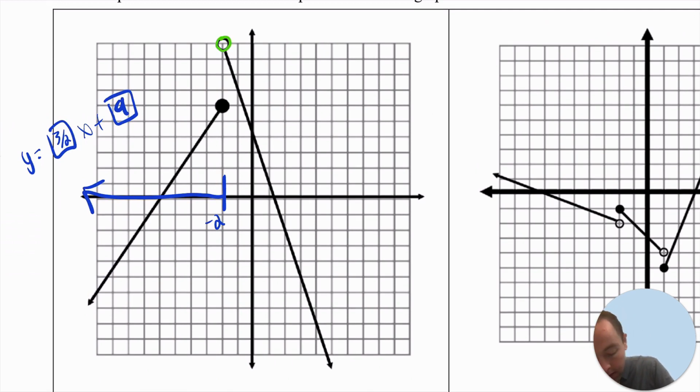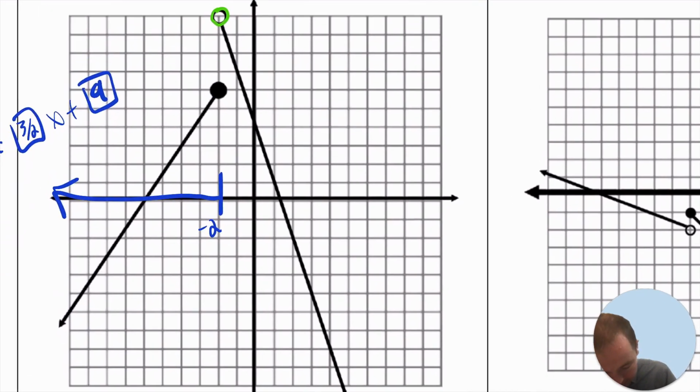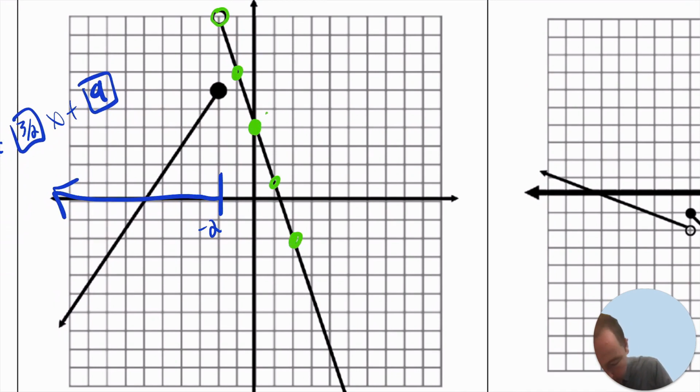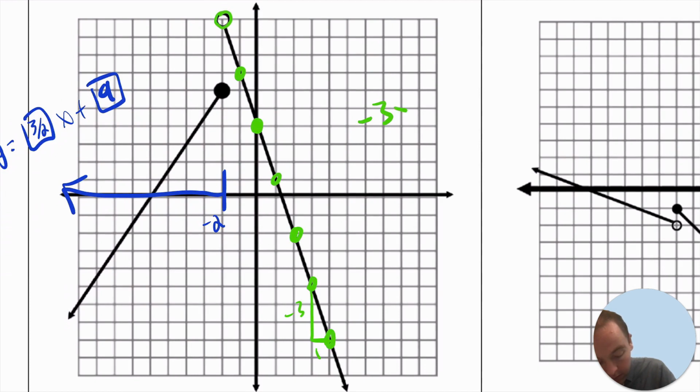Here, it looks like it's crossing through a 4 for a y-intercept, and then marking some other key points, it looks like it's got a rise of -3 and a run of 1. So we've got a -3 slope and a positive 4 y-intercept. So this is basically y equals -3x plus 4, but it's only happening when x is -2 and onwards from there.